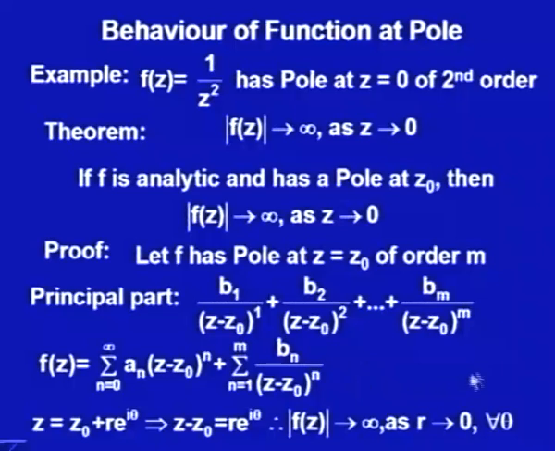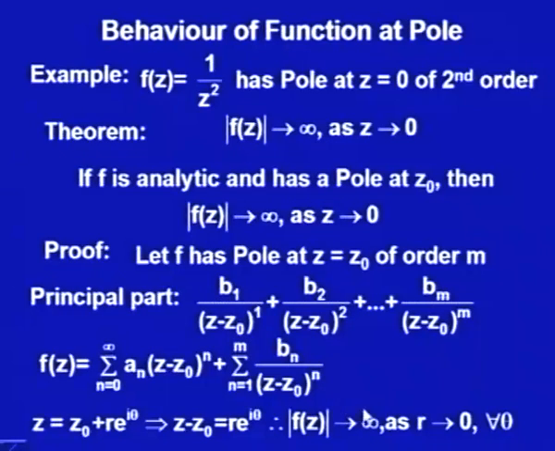Theta means, if you do remember, we are having this kind of circle. So, r is approaching 0 in this direction or this direction, that is, in any manner z is approaching z naught, this principal part would approach infinity, hence f z will approach infinity. So, this is what we are saying: if it is a pole of any order, then f z will approach infinity.